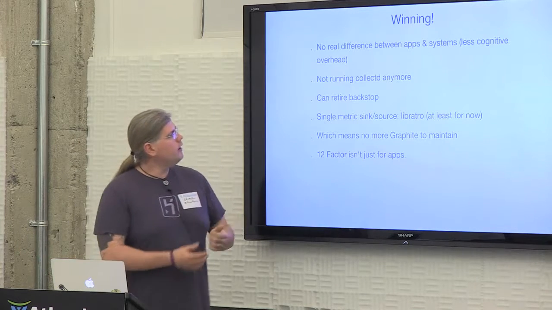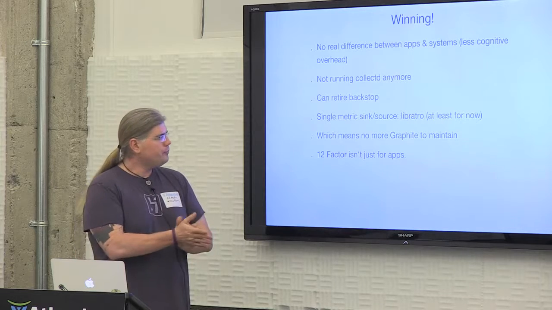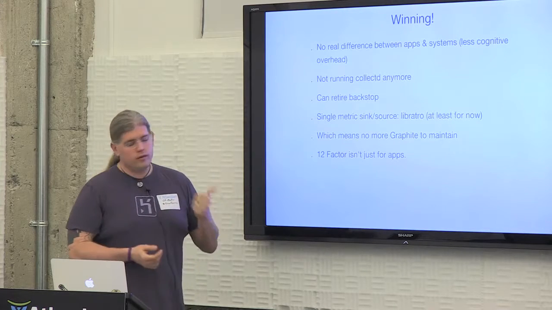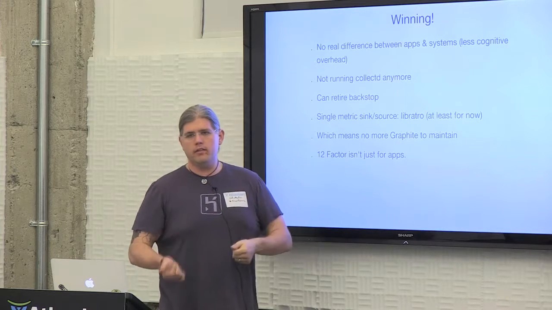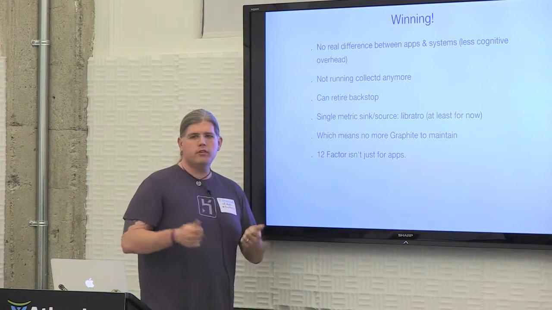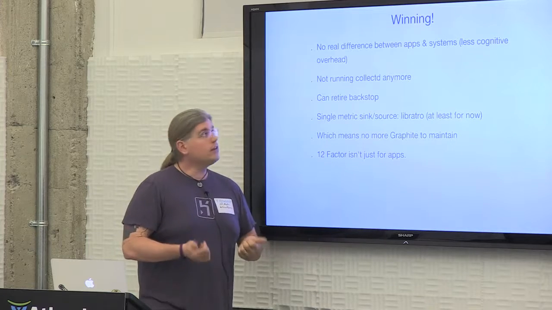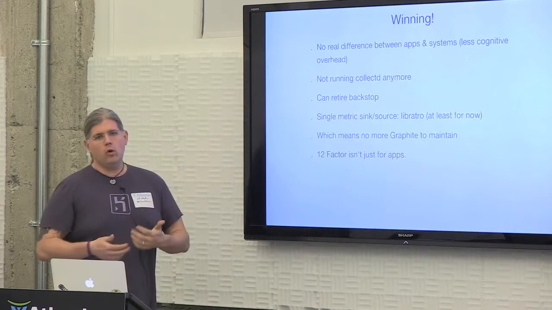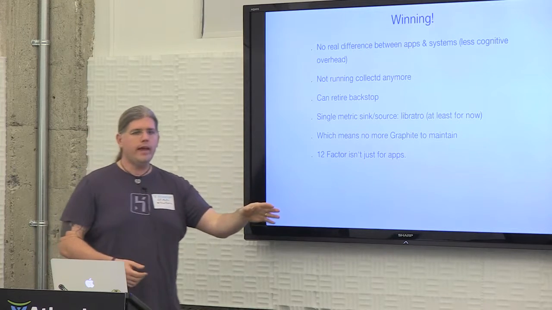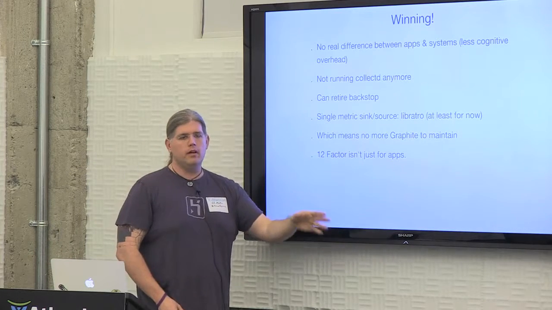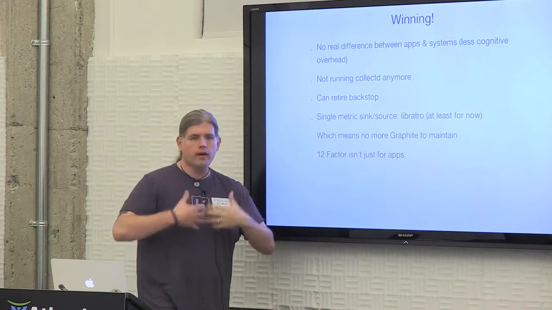I'll get to some of the other ones later. But for us, there's no difference then between what an app is and a system as far as how metrics get delivered. There's less cognitive overhead in that whole process when trying to talk to somebody who 90% of the time all they care about is working on the app that runs on a system which my group provides them.